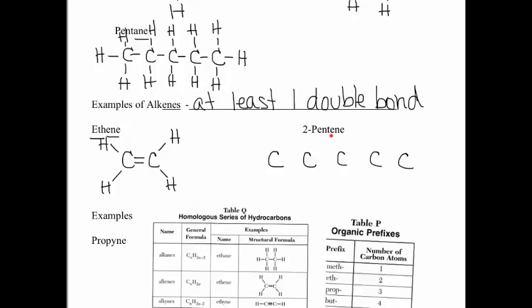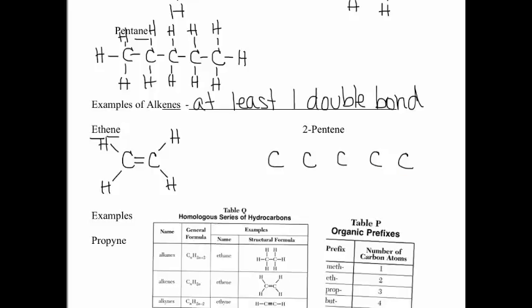Now the ene part is telling me I have a double bond. Where am I going to put it? I got lots of choices here. That's actually what this number is telling us. It is the address for where that double bond is. Each of these carbons has a number. This is carbon 1, 2, 3, 4, and 5.